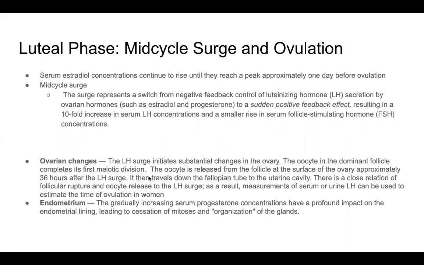There's a close relation of the follicular rupture and the oocyte release to the LH surge. As a result, measurements of the serum or urine LH can be used to estimate time of ovulation in women. So at this point, in your endometrium, the gradually increasing serum progesterone concentration has a profound impact on the endometrial lining, leading to a cessation of mitosis and organization of the glands.